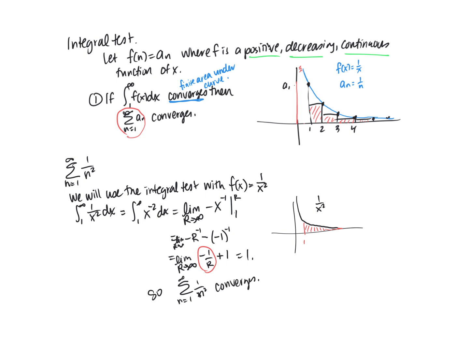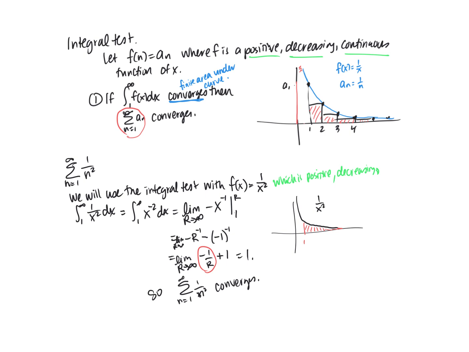Okay, and I almost forgot, but what I need to do is check that all of these things are true. So is the function 1 over x squared positive? Yes. Is it decreasing? Yes. If you're not sure if the function you have is decreasing or not, you can take the derivative and see if the derivative is negative.